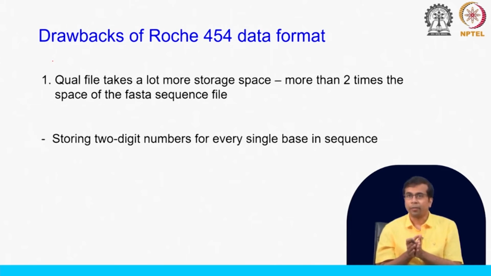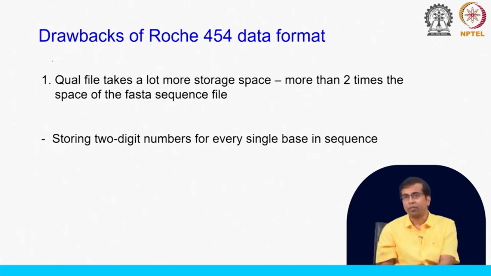One thing you probably would notice is that the qual file, the quality file, actually takes more storage space, more than 2 times the space of the FASTA sequence file. If you go back, this sequence file is ATGC, there is no space in between them, just one letter at a time you are storing the data.